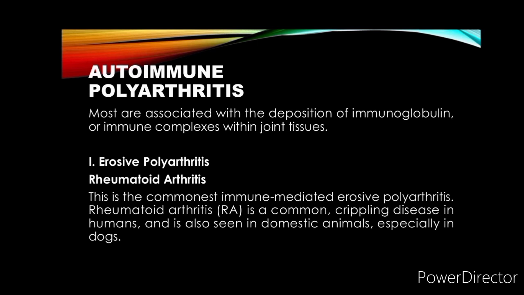Rheumatoid arthritis is a common crippling disease in humans and is also seen in domestic animals, especially in dogs. Affected dogs may have depression, anorexia, pyrexia, and lameness. RA causes severe joint erosion and deformities.